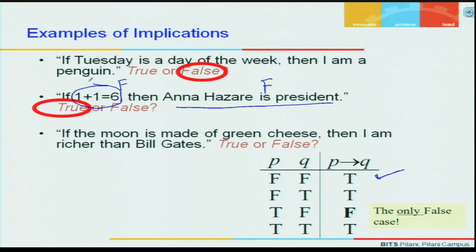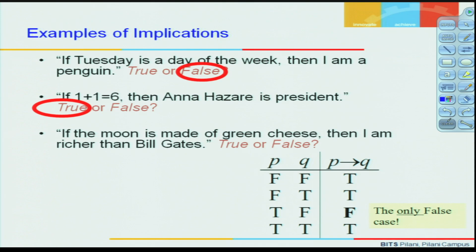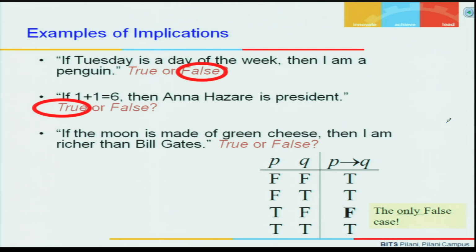Hence this statement has a truth value of true. Take another example. If the moon is made of green cheese, then I am richer than Bill Gates. Because both are false, we can definitely conclude it is true. The resultant statement is true.